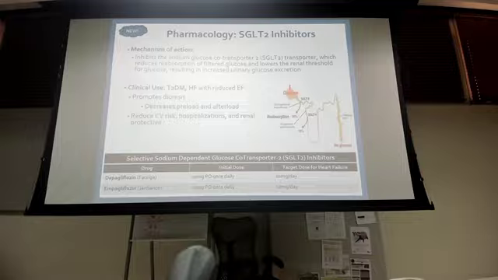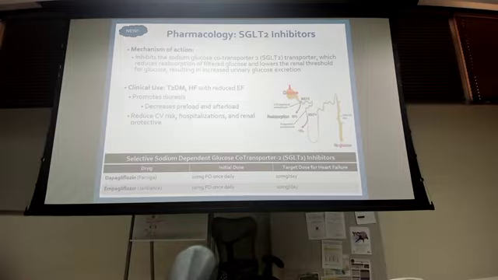This is a diuretic, basically, that we haven't discussed up until this point, except for, hey, it's in the 4 pillars. This is in addition to MRAs, but it's technically a diuretic because it's interacting with that sodium and glucose transporter and allowing us to excrete more sodium and glucose.